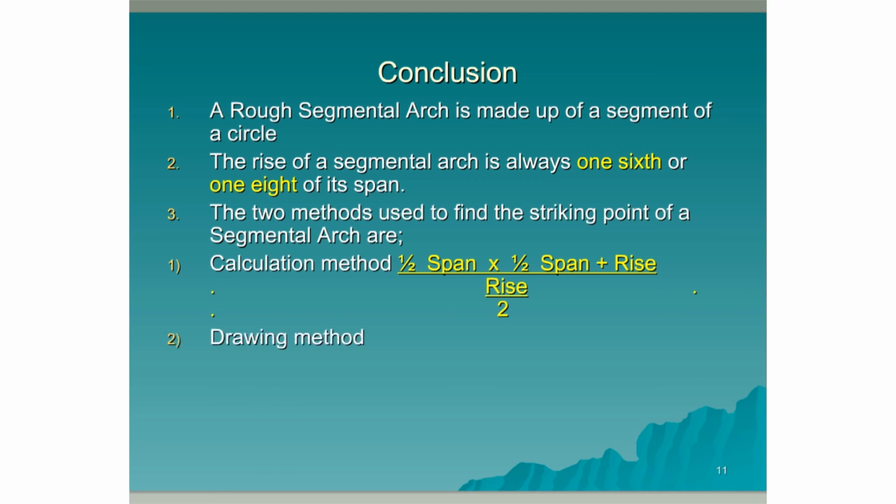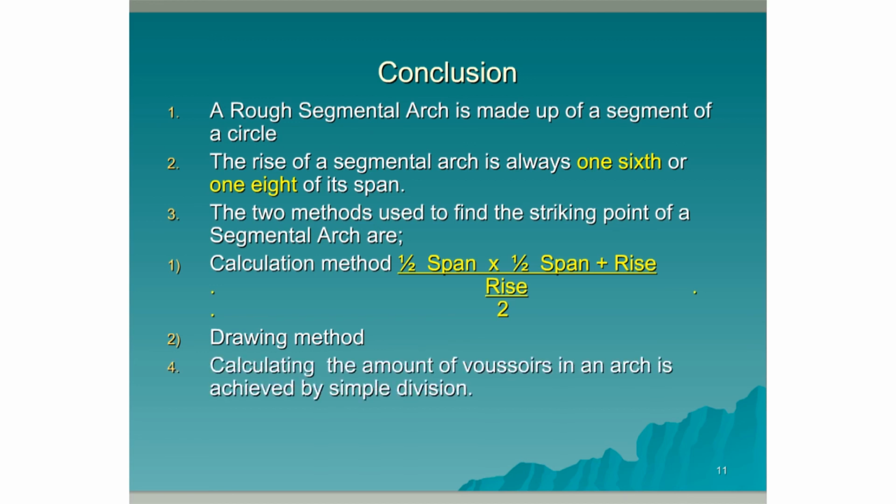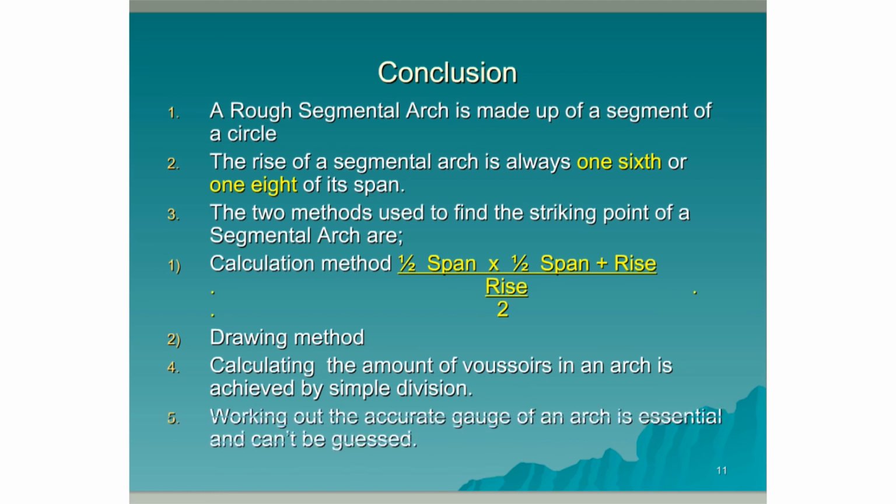The second method is the drawing method. Calculating the amount of voussoirs in an arch is achieved by simple division. And working out the accurate gauge of an arch is essential and cannot be guessed.